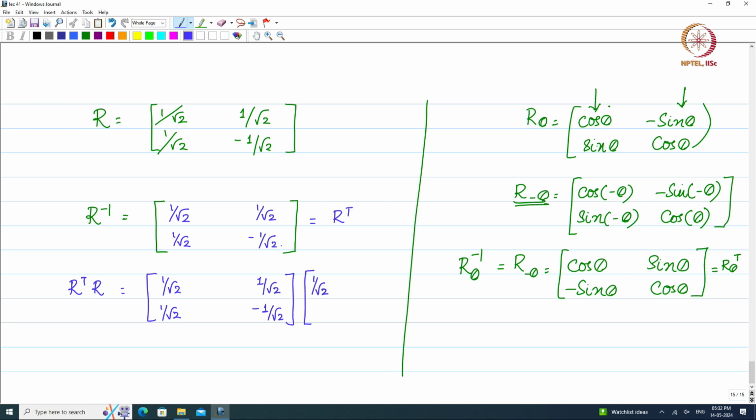So what do we get? 1 by root 2 into 1 by root 2 is 1 by 2, plus 1 by 2, which is 1. 1 by root 2 into 1 by root 2 is 1 by 2, minus 1 by 2, which is 0. Similarly you get half minus half, which is 0, then half plus half, which is 1. So we see that R transpose R is the identity matrix.